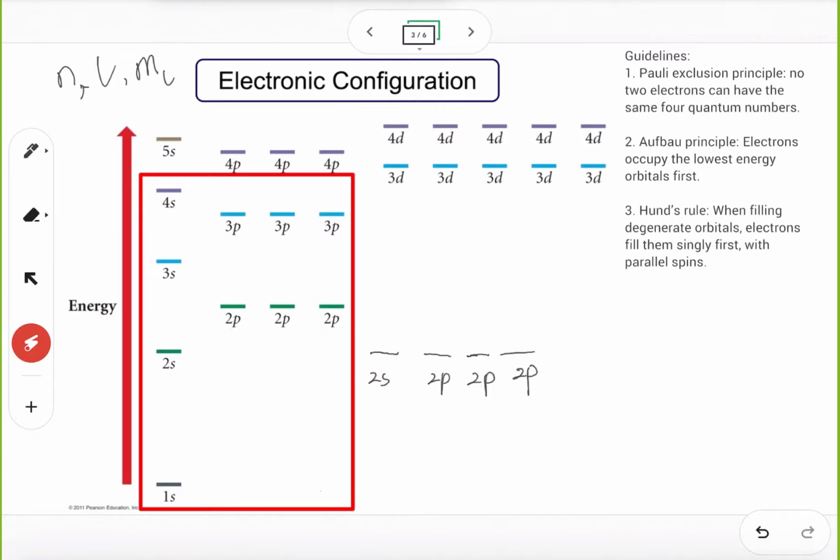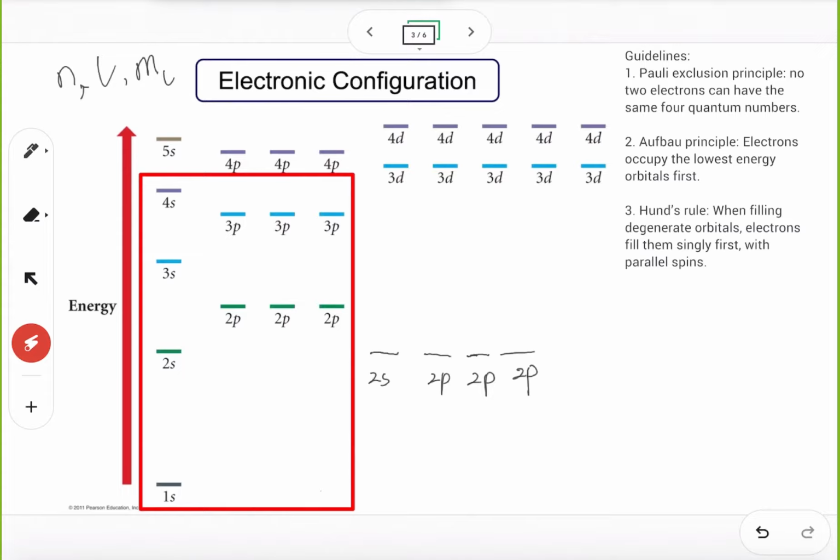Well, what's the reason for this? What I can tell you here is this type of same energy for 2s and the three 2p orbitals can only happen when these orbitals are empty. But the reality is that the elements have multiple electrons.